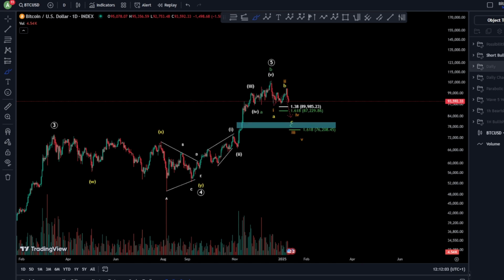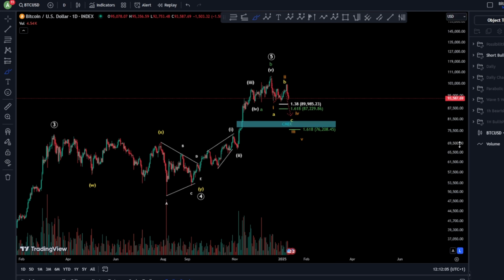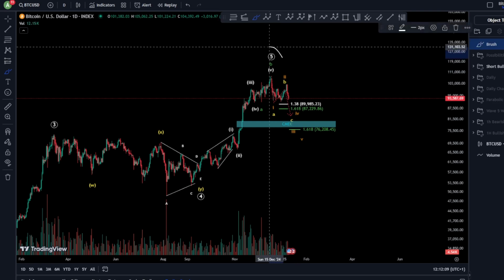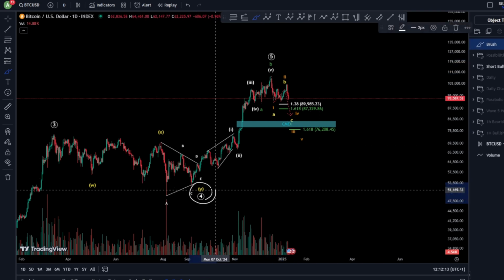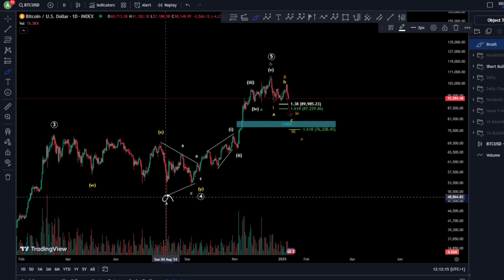Now in your bearish short-term scenario, where you have probably a finished bull run here and you have a top for a wave 5, your wave 4 has finished longer than before.